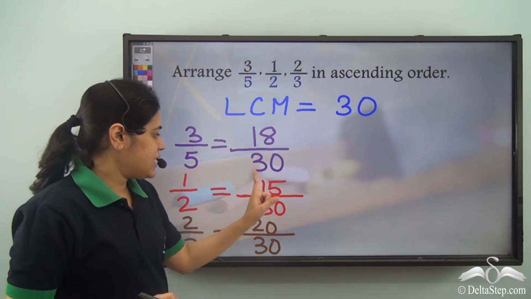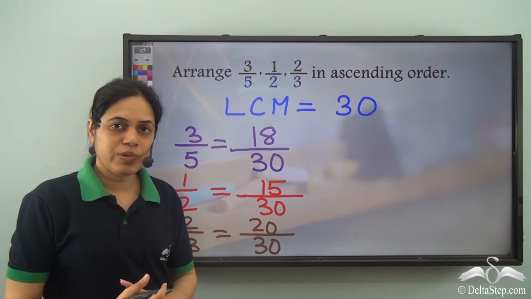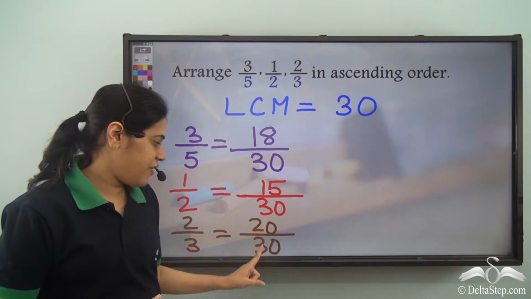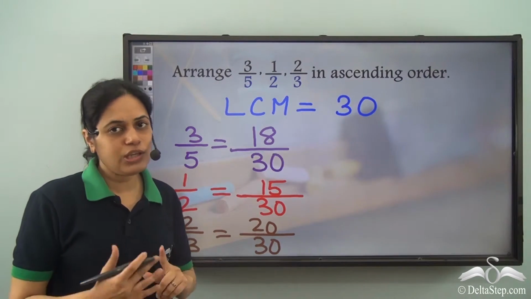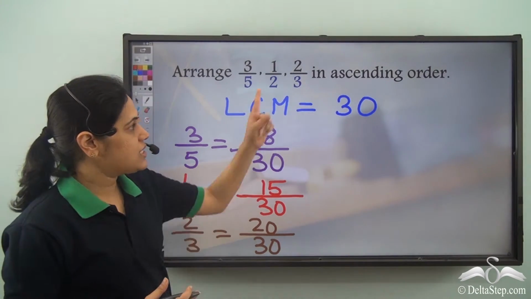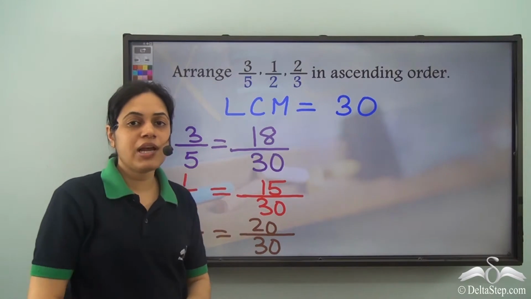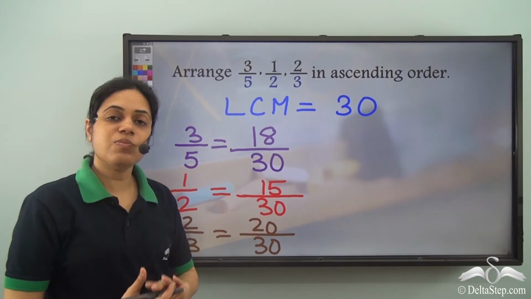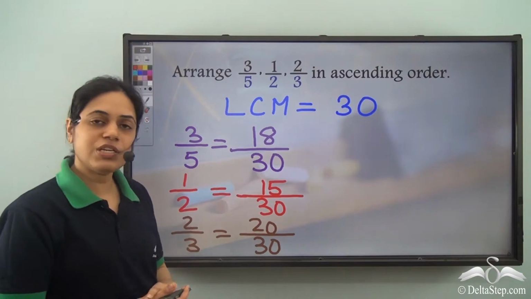So 18, 15 and 20 are the numerators. When I have like fractions, I need to compare only the numerators. So ascending means smallest to the largest. I need to find the smallest numerator, which is 15 here.